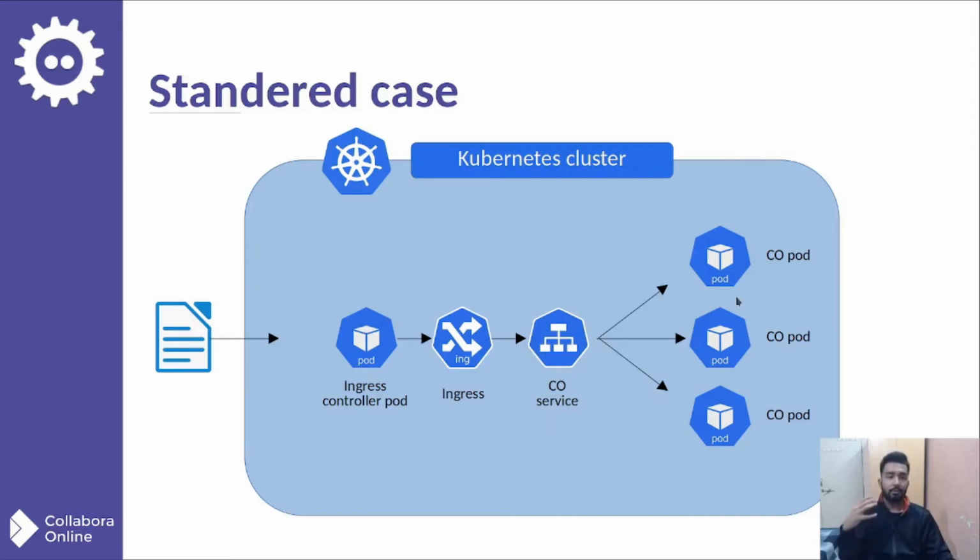But when we are load balancing in this way, there is a slight problem. There are chances that a document has so many users that it may cause more load on one pod while other pods are sitting idle. But there is no solution for that at this point, so we have to deal with it the way it is.